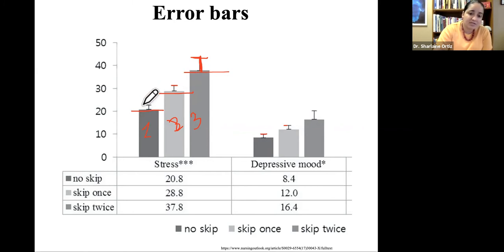And we have no differences in this group, right? So we would say there's a difference within this group and within this group. And in here we have differences between the groups. And same thing goes for the individuals who did not skip at all, but there's also differences within that group.